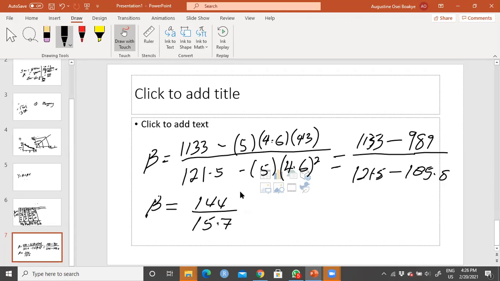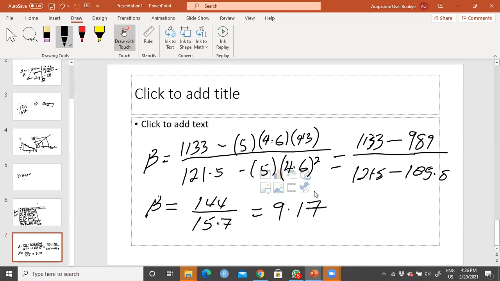Thank you very much. Now, please, someone should divide 144 by 15.7. It's 9.171. Good, approximately 9.172.